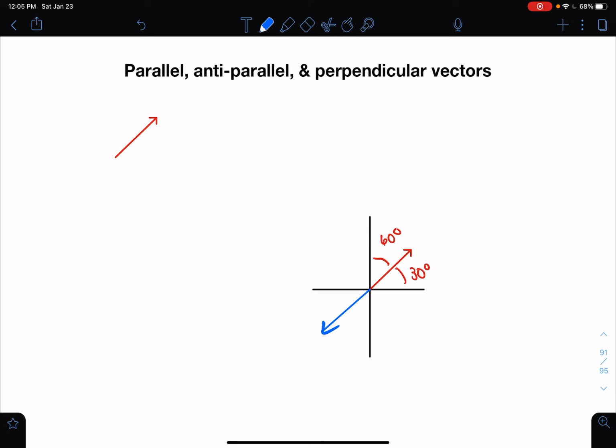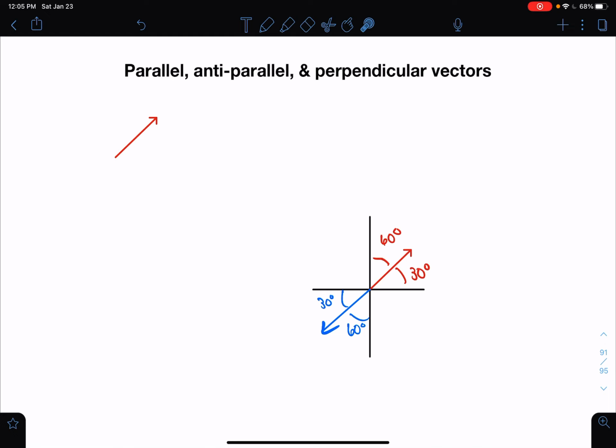So in other words, this angle here, which is to the horizontal, should be 30 degrees. This angle here to the vertical should be 60 degrees. The only difference between these is the quadrant they're pointing in. This one is up and to the right, so it's in the first quadrant. This one is down and to the left, so it's in the third quadrant. So that's what makes them antiparallel.